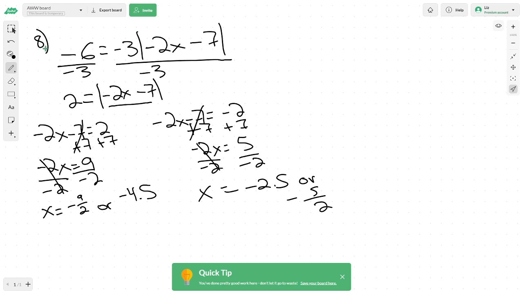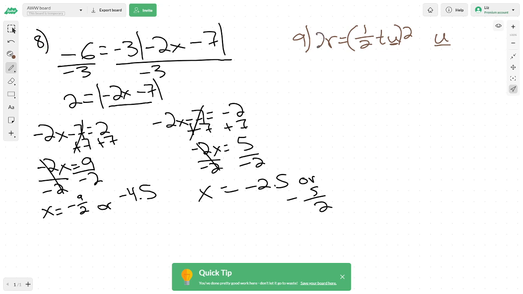All right, and then our last one here is your extra credit one. So for this, we have r equals 1/2 tu, and we need to solve for u. So our u's here, it's being multiplied by 1/2 or divided by 2 and multiplied by t. First thing I'm going to do is get rid of the fraction.